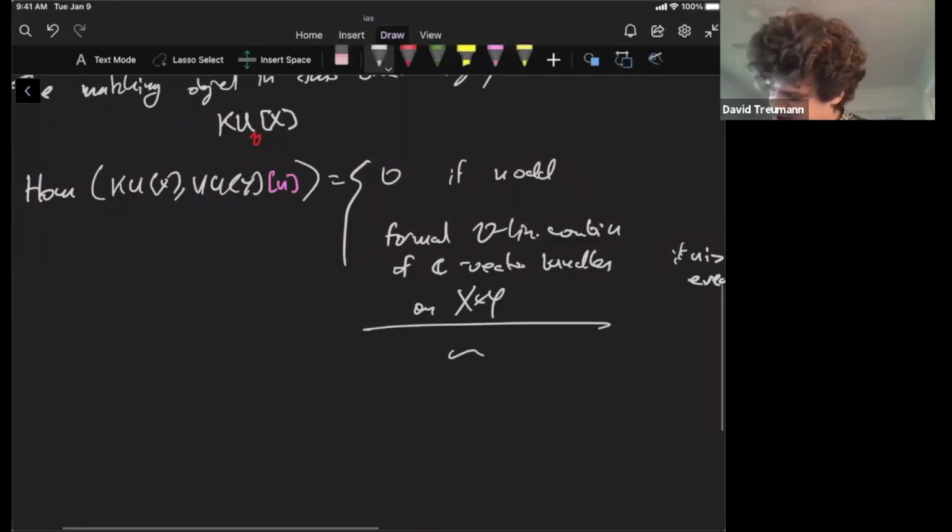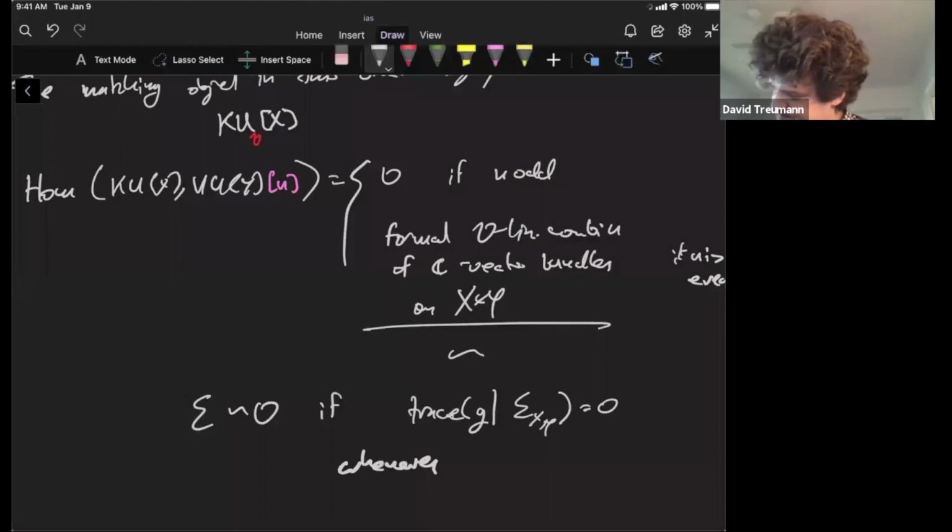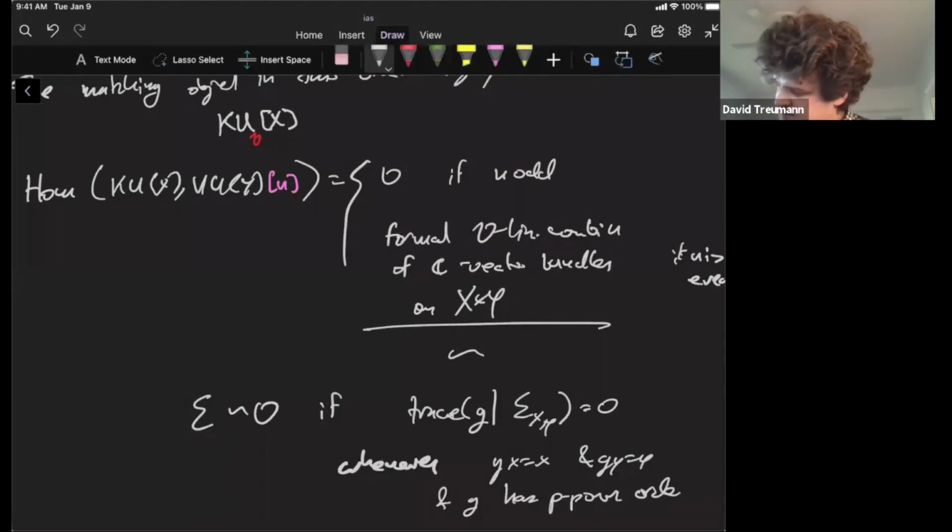And this equivalence relation says that a vector bundle is equivalent to 0 if the trace of an element g of a finite group on a stalk of that vector bundle is 0 whenever gx is equal to x and gy is equal to y, and g has p-power order.